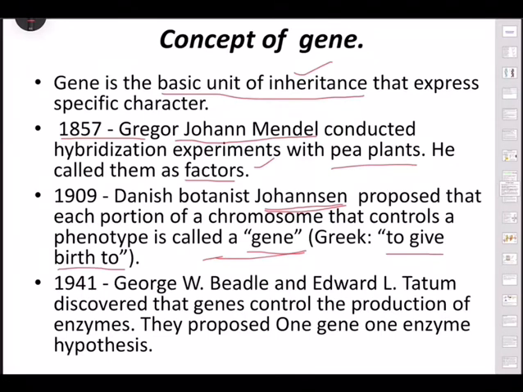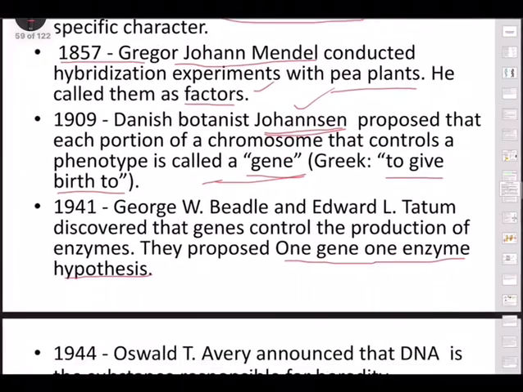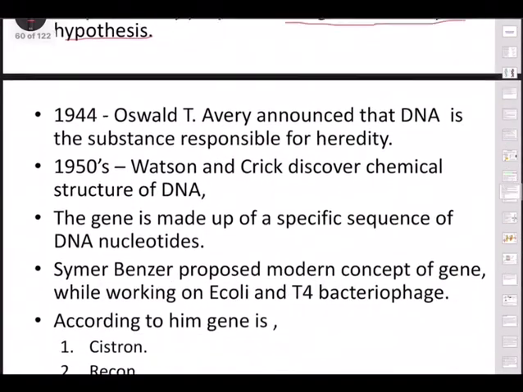In 1941, George Beadle and Edward Tatum discovered that genes control the production of enzymes. They proposed that one gene is responsible for one enzyme synthesis: the one gene, one enzyme hypothesis. Out of all this, you must remember Johannsen for your NEET exam.